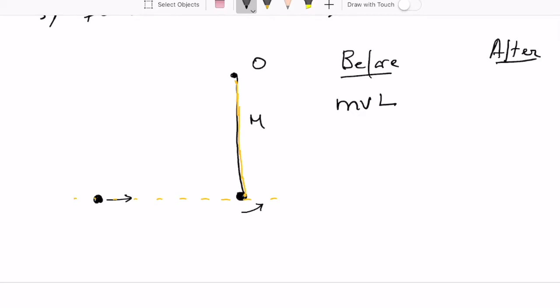Now, once the point mass gets stuck at the bottom of the rod, and both the point mass and the rod start rotating, both of the point mass and the rod have angular momentum, right? So for that, you use the formula I times omega. So what is the I of this whole system?